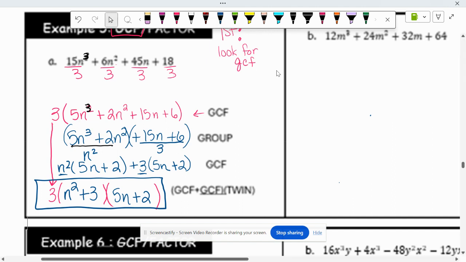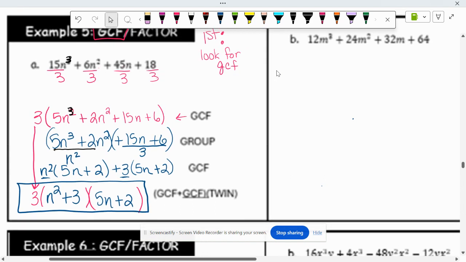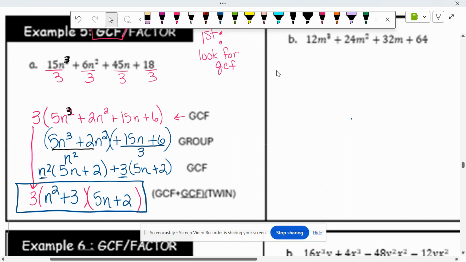Okay. So let's look at our next example, example B. Is there a GCF? Is there a number that divides both 12m cubed, 24m squared, 32m, and 64? 6. 32 isn't divisible by 6.